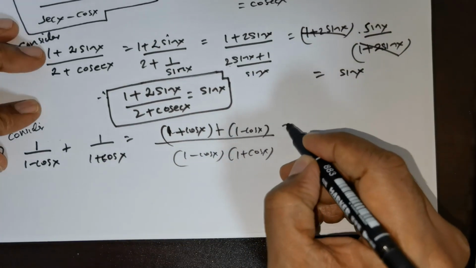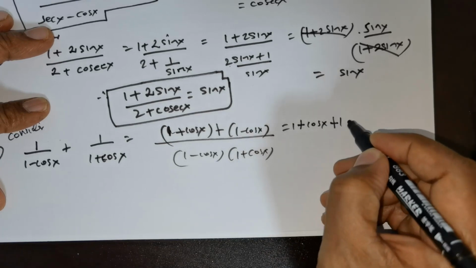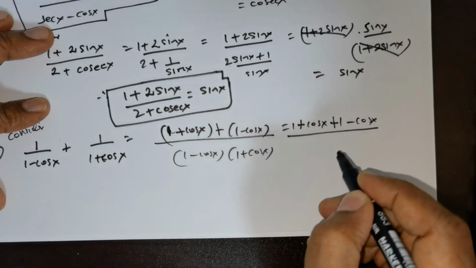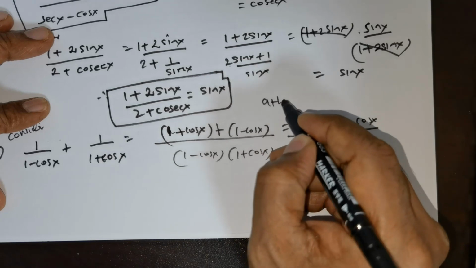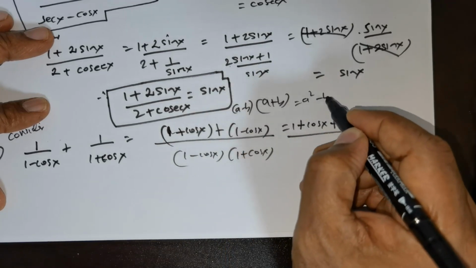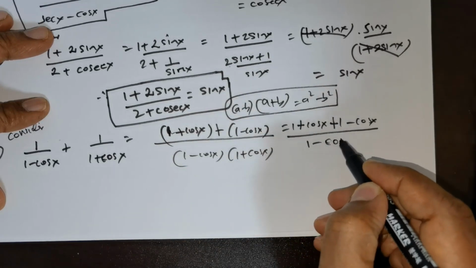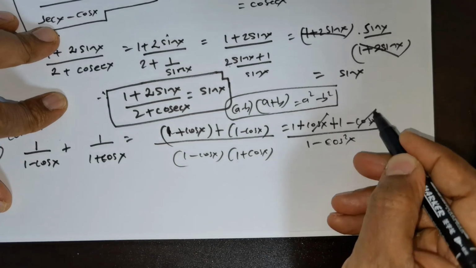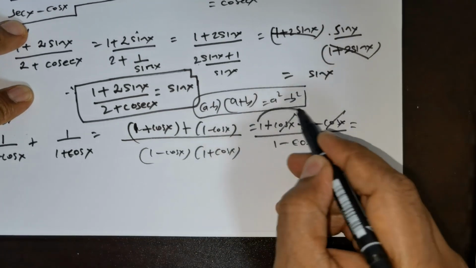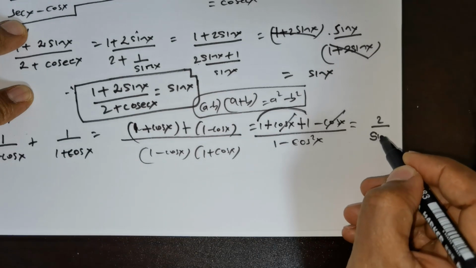So this is going to be 1 plus cos x plus 1 minus cos x divided by, now a plus b multiplied with a minus b would give me a squared minus b squared. So this is going to be 1 minus cos squared x. Now plus cos x minus cos x gets cancelled, 1 added with 1 will give me 2. 1 minus cos squared x is going to be sin squared x.